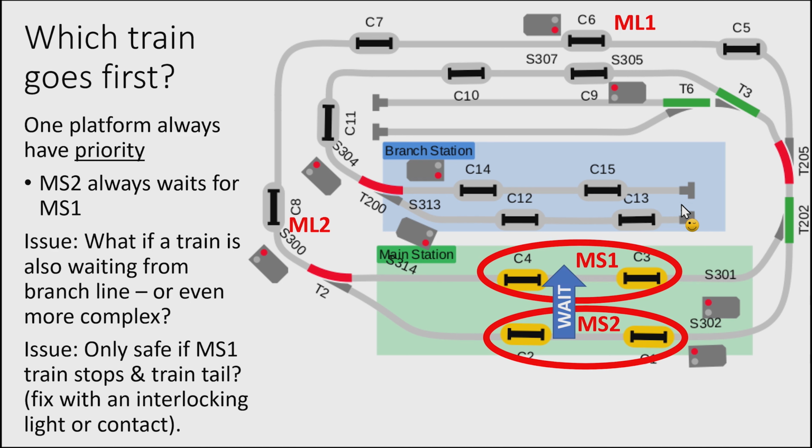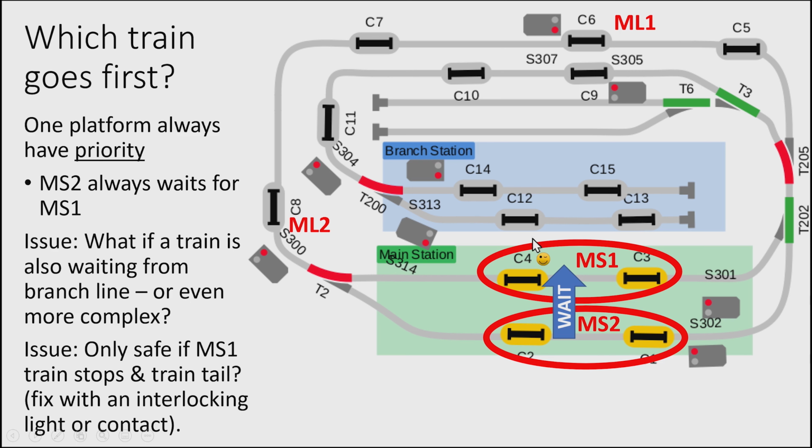In this way, main station 1 can leave whenever it likes and go out. However, main station 2, as long as C3 and C4 are occupied, will wait. So you could do it that way. That's a priority strategy.